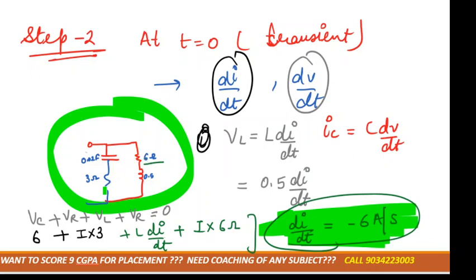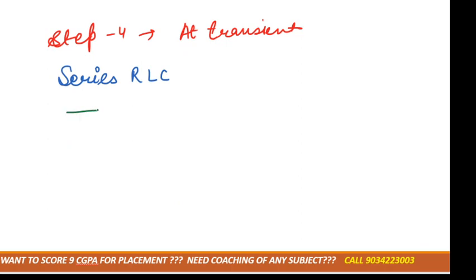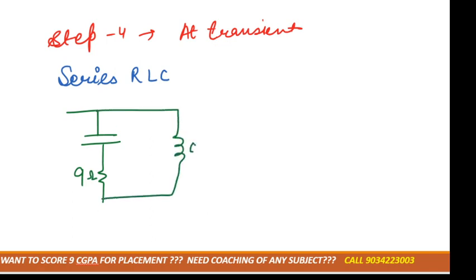So 6 and 3 we can combine, right? So that would become 9 ohm. And the inductor value they have already mentioned, that is 0.5 Henry, and this is 0.02 farad. So it will be in series. Got it?